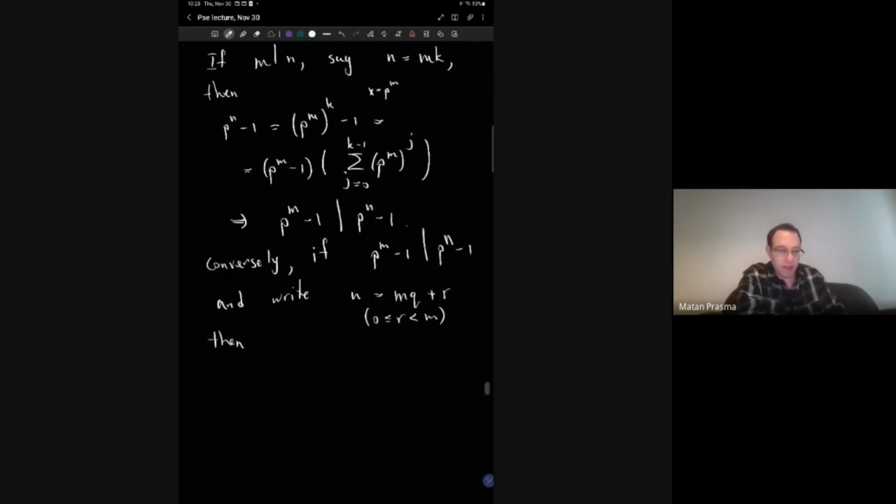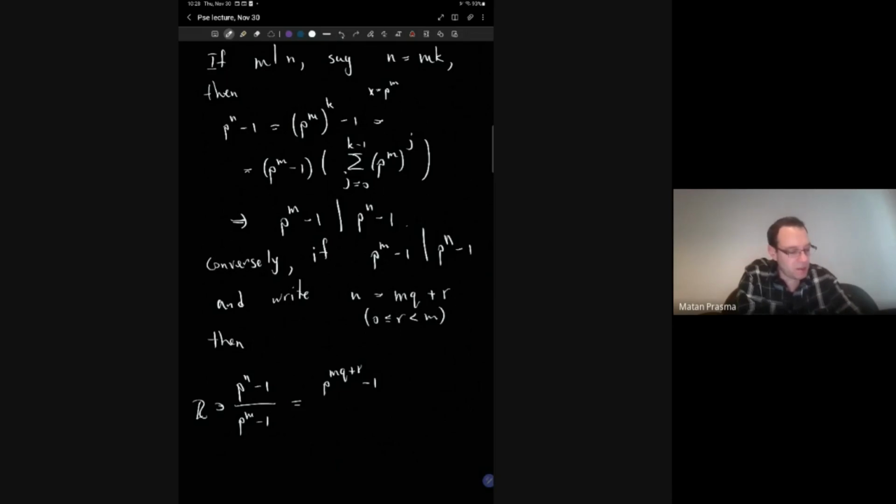And what I can write, I mean, p to the n minus 1 divided by p to the m minus 1, this we assume to be an integer. But it is also equal to p to the mq plus r minus 1.